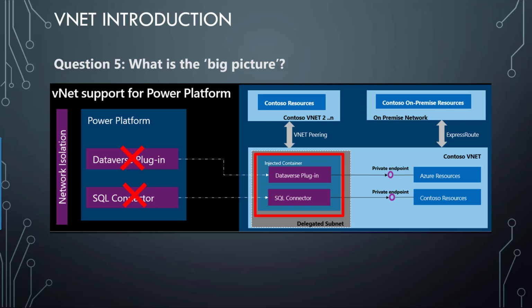Of course, if you want to connect to other services that you have in other VNets, then you can use VNet peering. But you have to establish that. VNets are not automatically connected. Or if you want to talk with on-premise networks, then you can use ExpressRoute and make the services or data available to your Power Platform tools in a very secure manner.